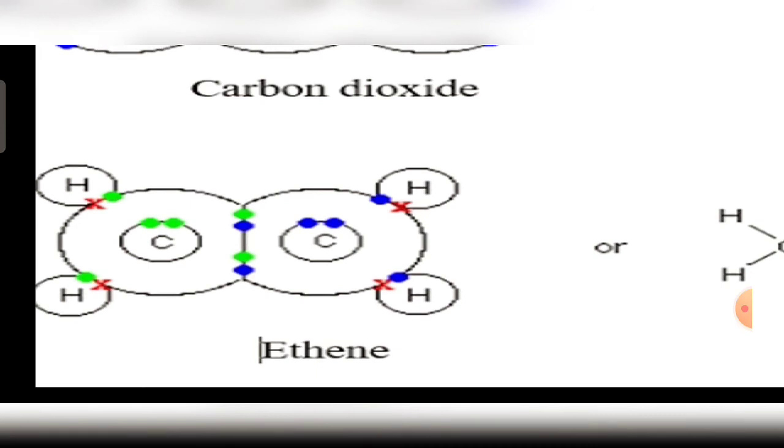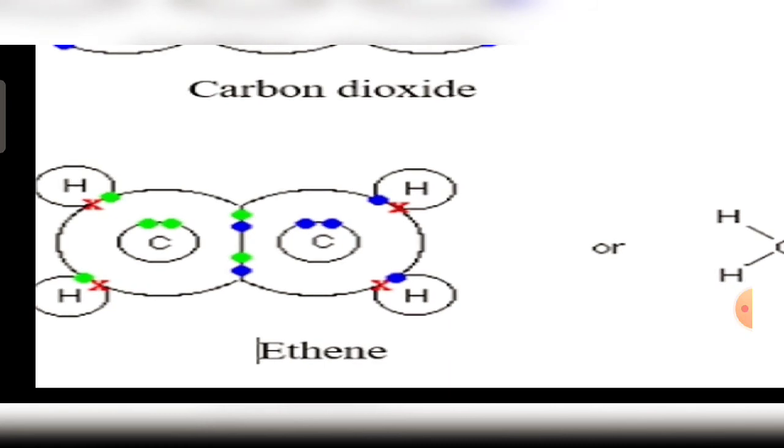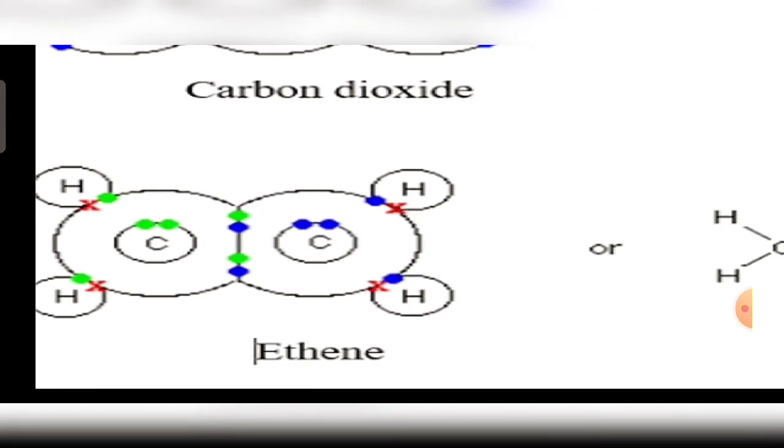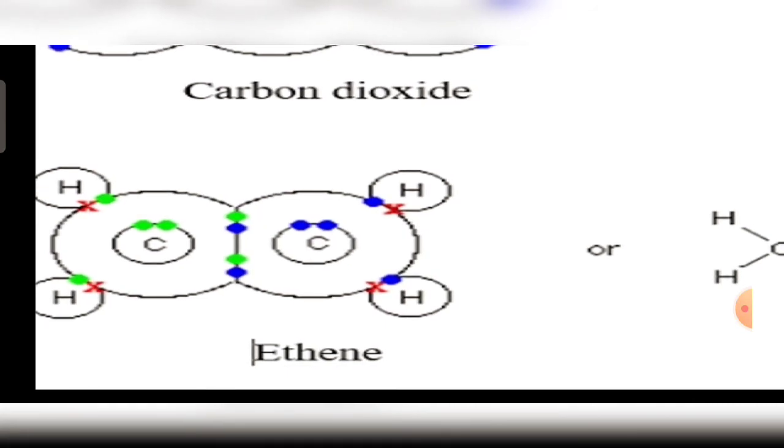Carbon and carbon will share 2 electrons, and in this way carbon will complete its octet by taking electrons from hydrogen, by sharing electrons with hydrogen, and by sharing two electrons with the adjacent carbon atom.